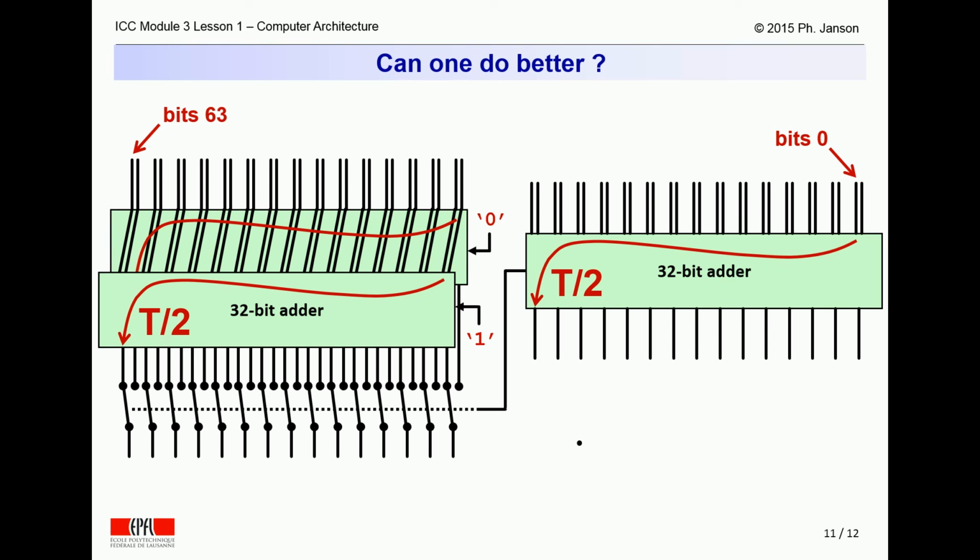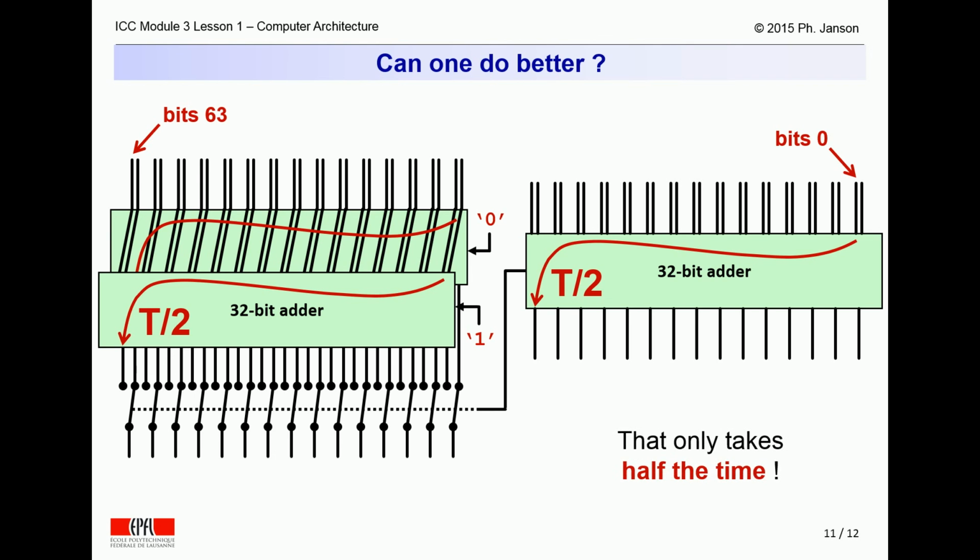Because indeed, by the time the real carry bit becomes available from the lower order addition, we have the sum of the higher order addition for both cases, carry 0 or carry 1. And what remains to do at that point is to use that carry bit to select which of the two higher order additions is the right one. So we have essentially cut the total computation time by half at the cost of investing only 1.5 times as many transistors.